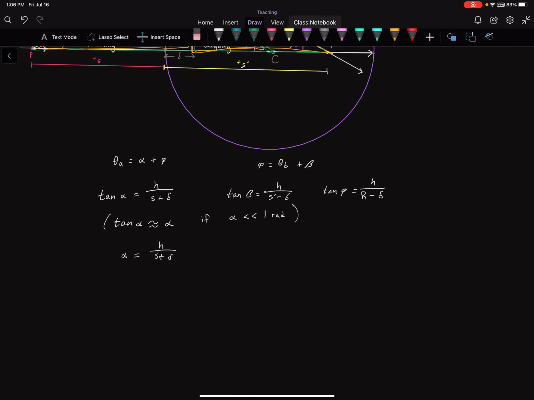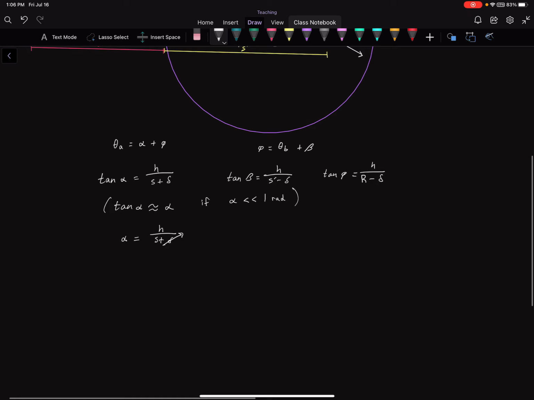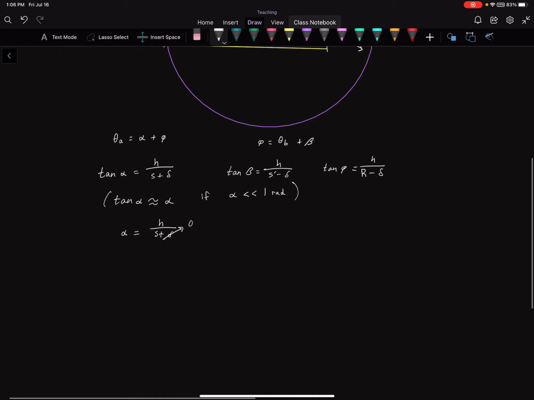So if we consider that this is essentially 0, if we're taking a small angle approximation, then we can skip right to that and say that alpha is equal to h over s. And beta is equal to h over s prime, and phi is equal to h over r.